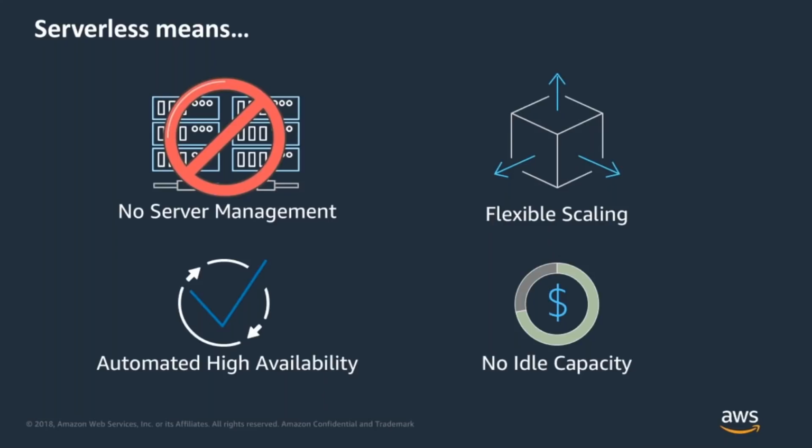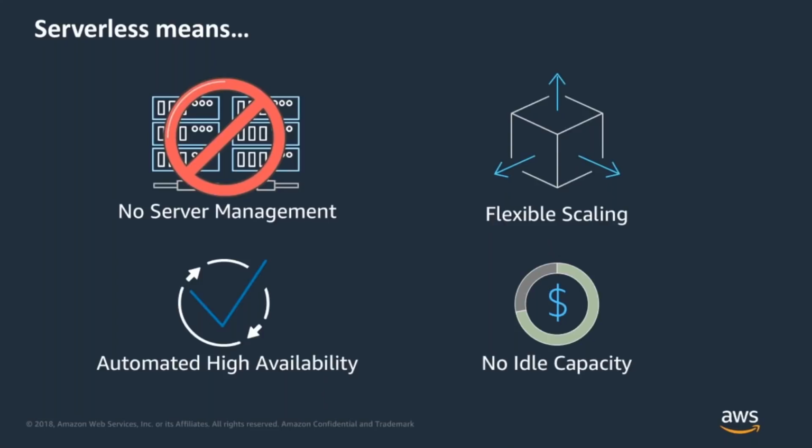So now instead of having servers that are sitting around idle waiting for work to do, which it turns out in the majority of cases, many servers are sitting with a very high amount of their CPU cycles being wasted just waiting for work to be done. Instead of paying for all of that capacity, that burden is now shifted onto AWS, and you only pay for the amount of compute time that you're actually using.